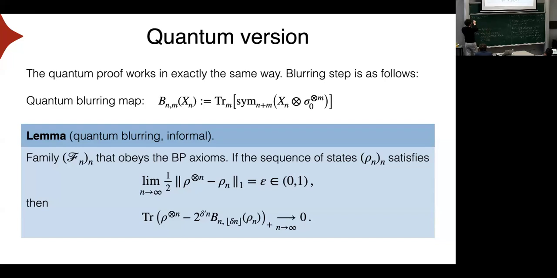And now what I'm saying is that if you define delta to be the positive part of this operator, and delta prime, again a small parameter, then rho tensor n is smaller than this plus this delta n.